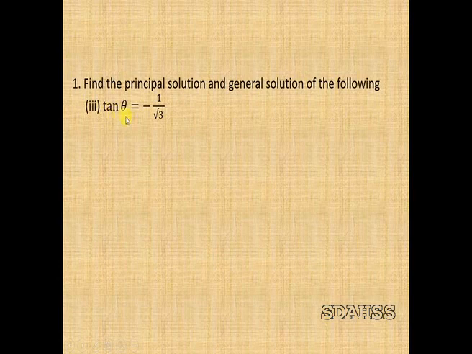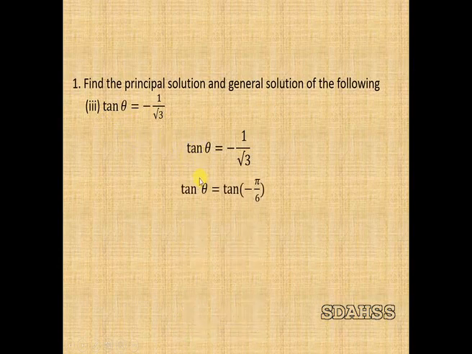Subdivision 3. Tan theta is equal to minus 1 by root 3. You keep the left hand side as it is. In the right hand side we know that 1 by root 3 is tan pi by 6. So minus 1 by root 3 we can write as tan minus pi by 6. Now this is of the form tan theta is equal to tan alpha.